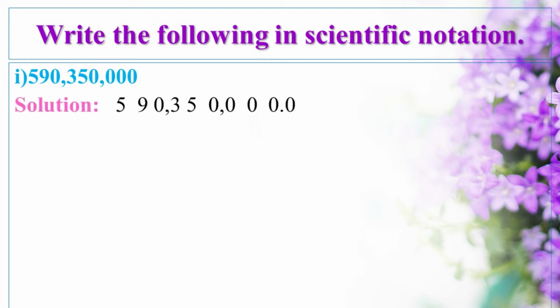From the last means it is to the right of the given number. What is the number to the right side? It is 0. Whenever we are converting a whole number to a decimal number, we place the decimal to the right side of the given number. So we are moving from the right side.